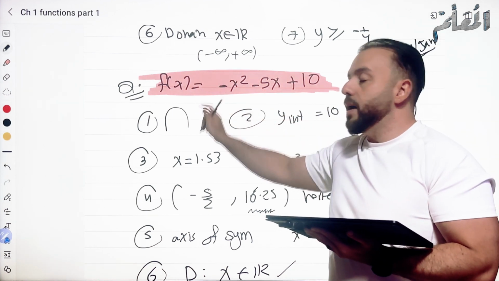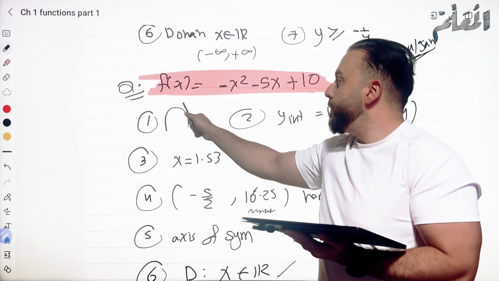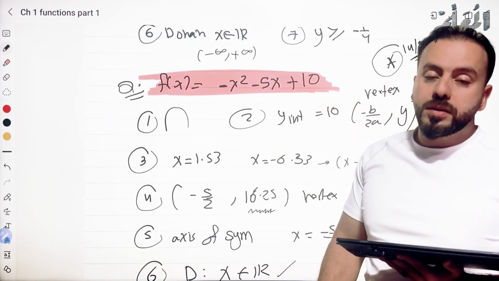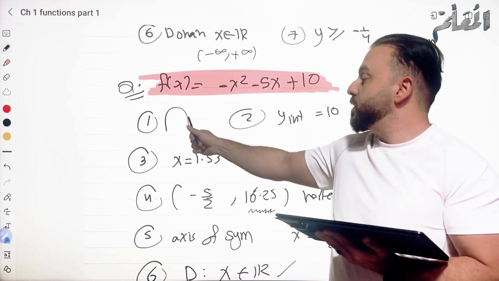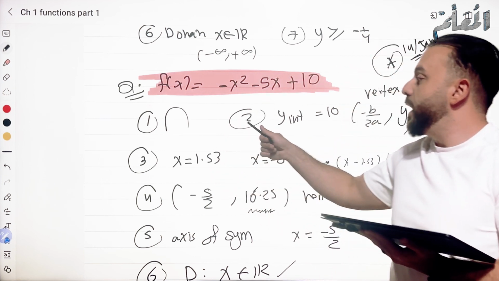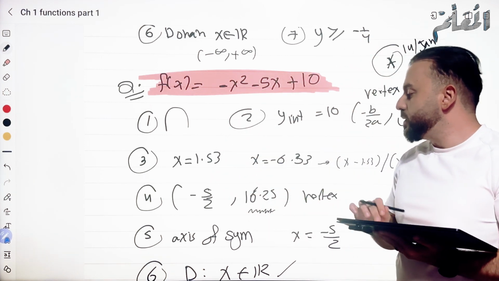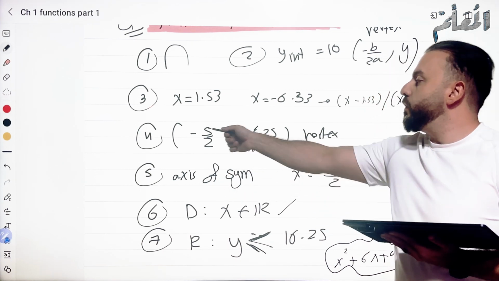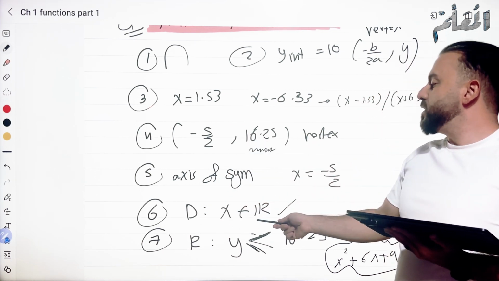Look at the sign itself. Since the parabola concavity is downward, what about the vertex? The vertex becomes the maximum. In this case we can say the axis of symmetry is x equal -5/2, and look, the domain: x belongs to the real numbers.